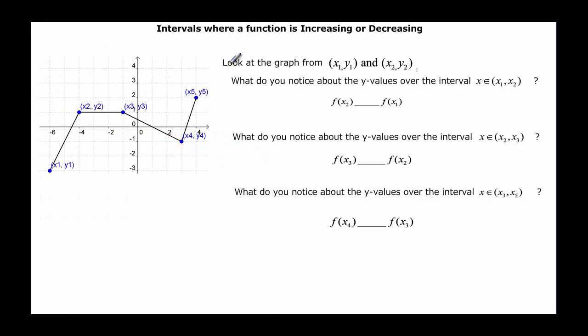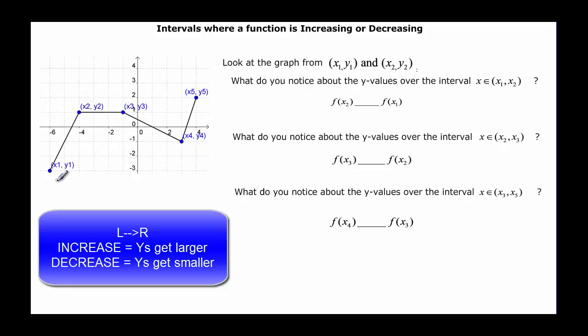All right. So when we talk about increasing and decreasing, we're really talking about as I go from left to right, does my graph go up, do my y's keep getting bigger and bigger, or do my y's keep getting smaller and smaller? So here they want us to look at these first 2 points. If I look at those 2 points, I want to compare their y's because that'll tell me whether I've increased as my x's got larger or decreased.